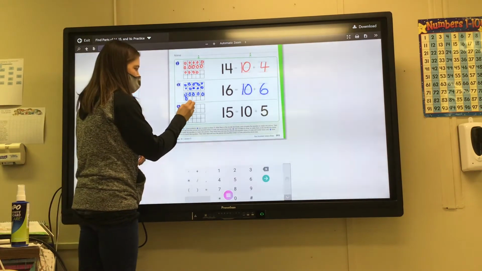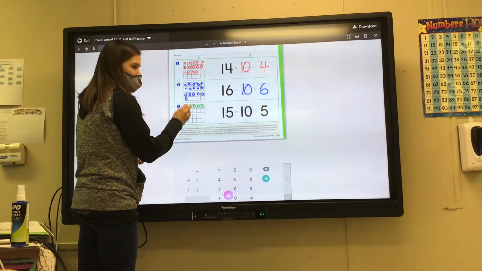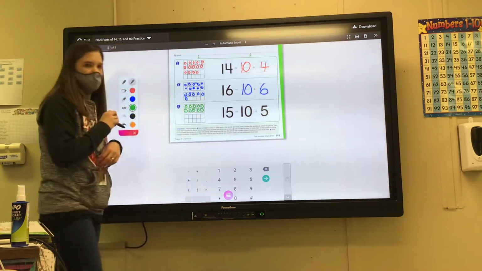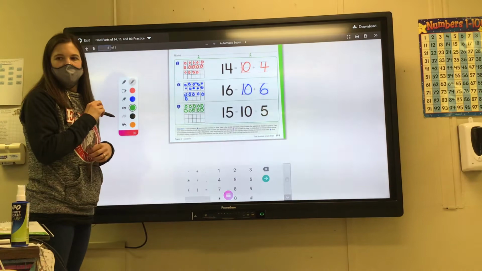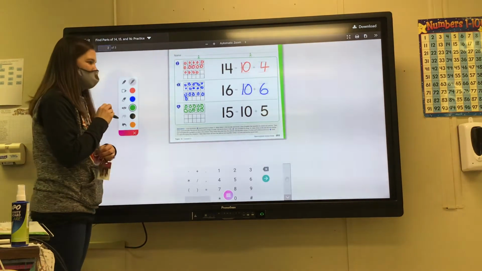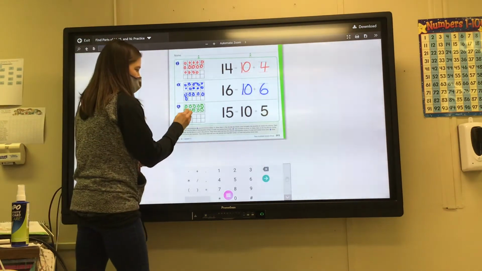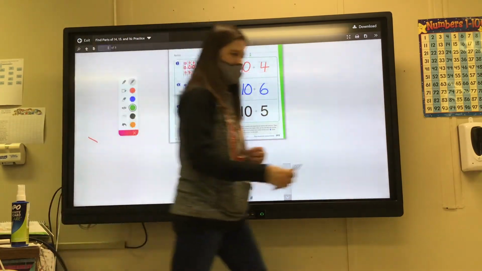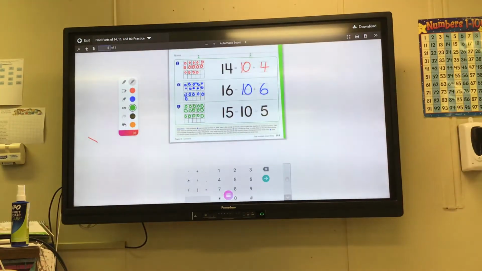Everyone needs to be working. 15 equals 10 plus 5. Alright, it's been pretty easy. We've been doing this for a while. You know our routine numbers.